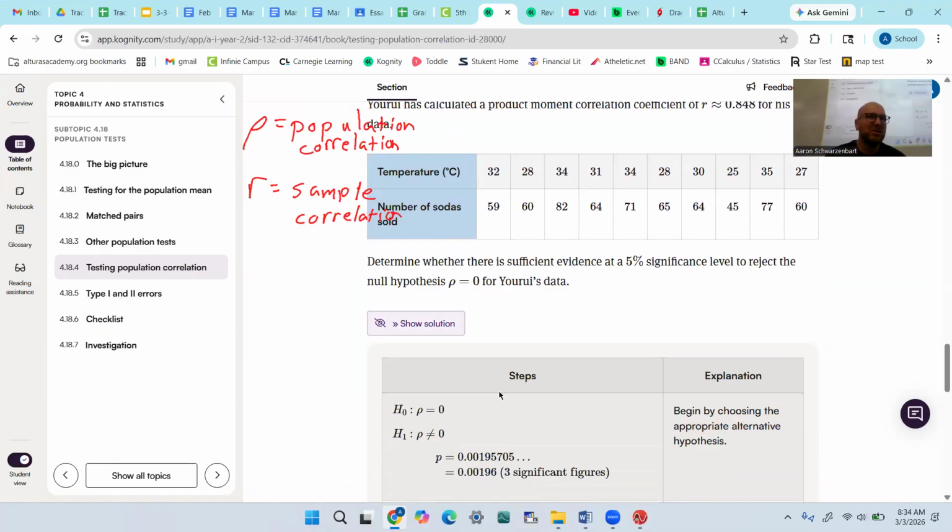So you set up a null hypothesis and an alternative hypothesis. There would be conditions to check on this test, but they're not making you do that for IB.